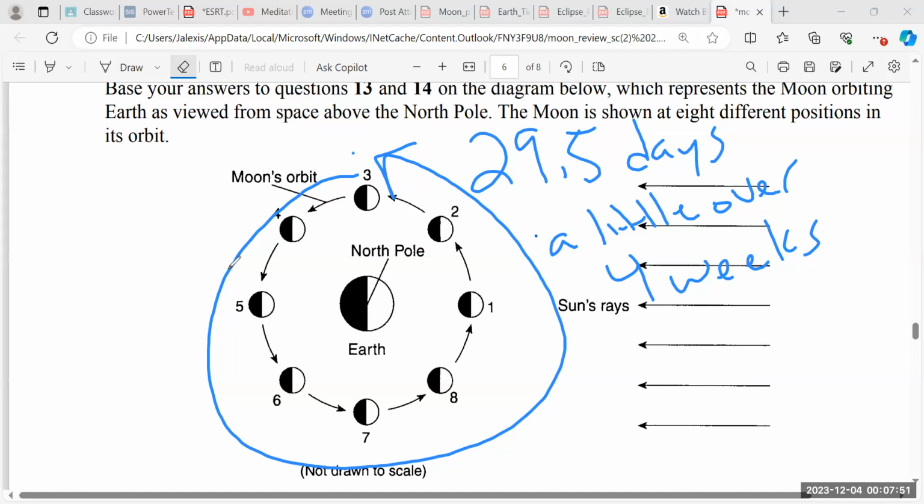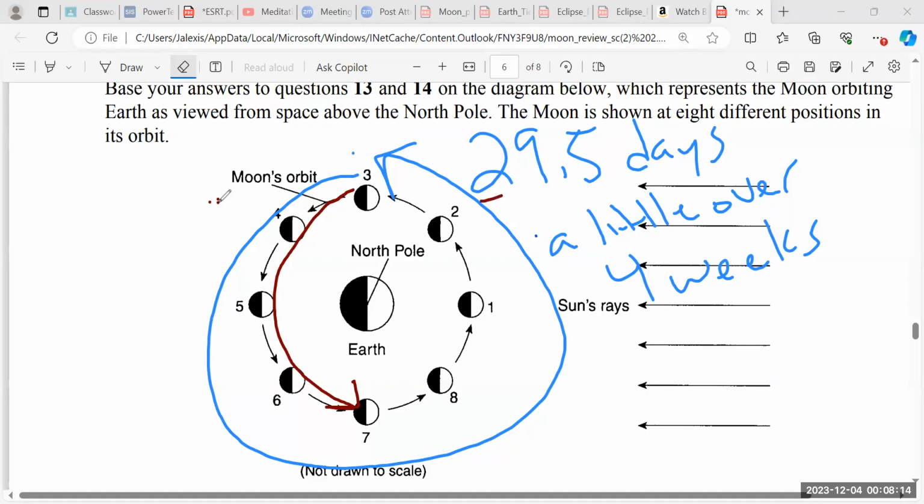So if I know that it takes 29.5 days, a little over 4 weeks to complete the entire cycle, what about if I just want to complete just from moon phase 3 to moon phase 7? That means I'm completing half the cycle.